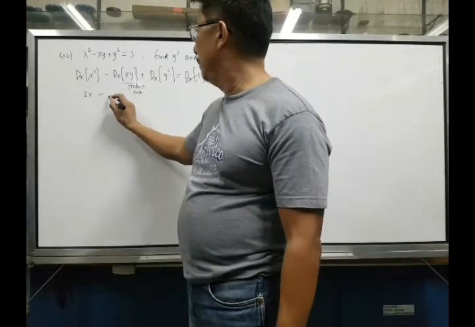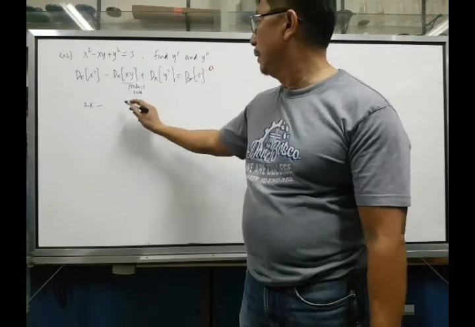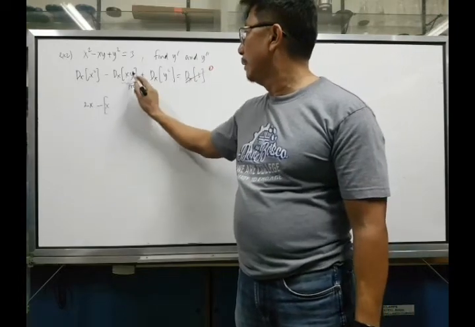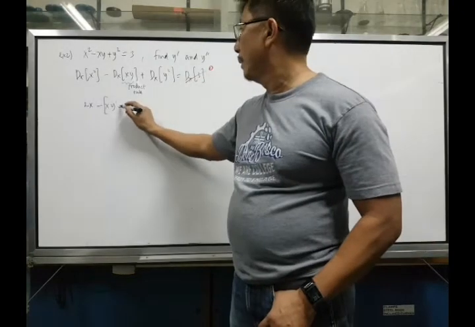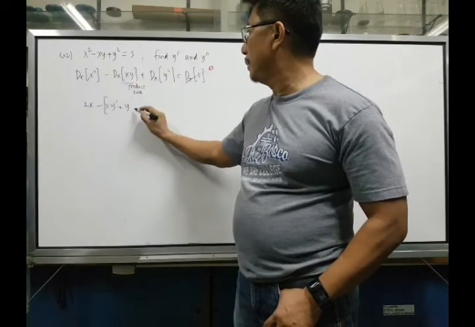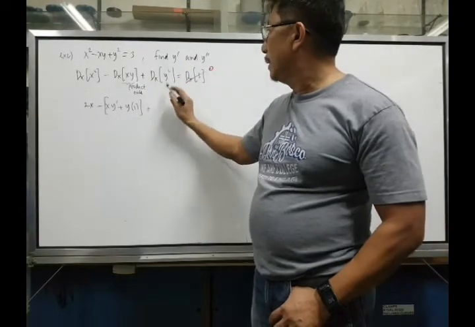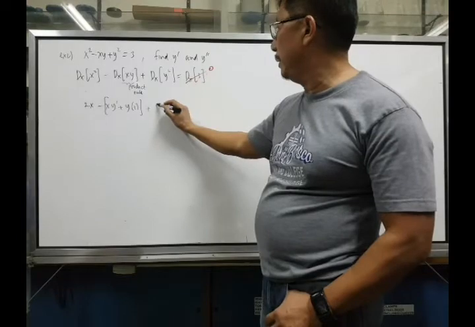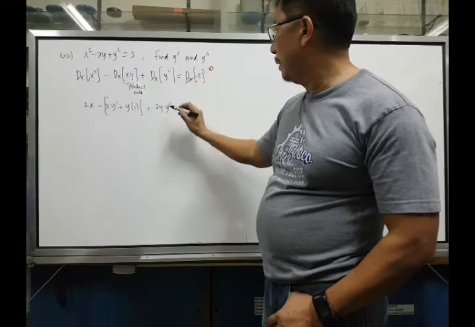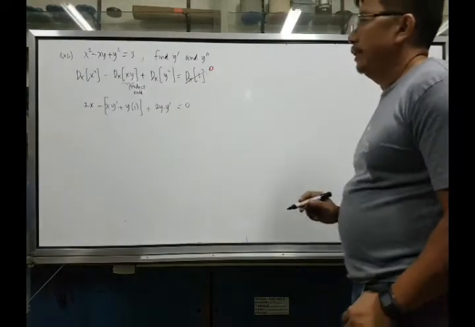So according to the rule, this is equal to x times the derivative of y, which is y prime, plus y times the derivative of x, which is just equal to 1, plus the derivative of y squared. So this is 2y with respect to x, multiplied by y prime, and this is equal to 0.